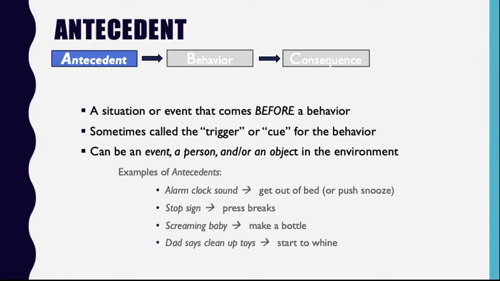Some examples of antecedents include an alarm clock sound, which is the antecedent to get out of bed or push snooze. A stop sign is the antecedent to pressing brakes in a car. A screaming baby might be the antecedent to a mother making a bottle. Or dad saying clean up the toys could be the antecedent to a child starting to whine.